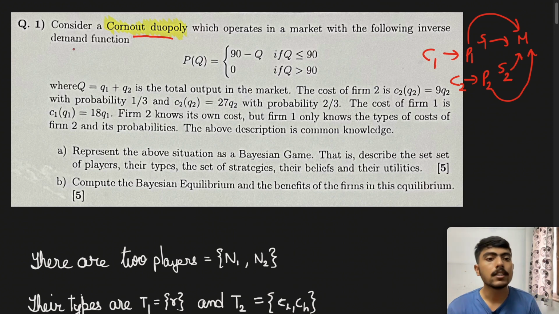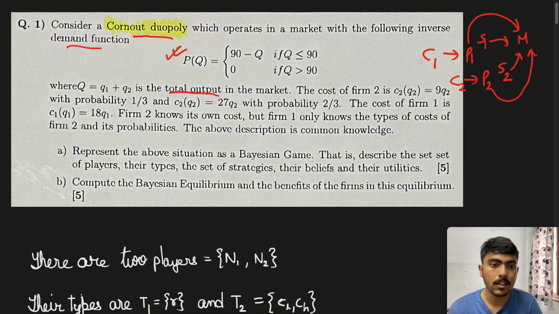So in this problem, we are given a Cournot Duopoly which operates in a market with the following inverse demand function. That is, P of Q equals 90 minus Q if Q is less than or equal to 90. If Q is greater than 90, then it is 0. Okay, so this is the inverse demand function, that is the demand with respect to the quantity, that is the total output, being displayed here.